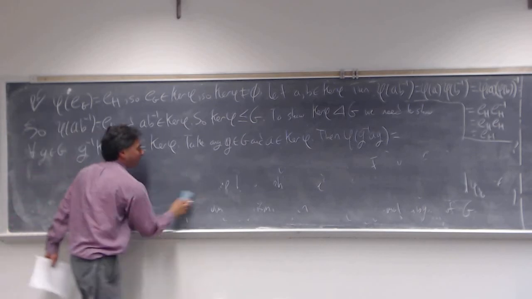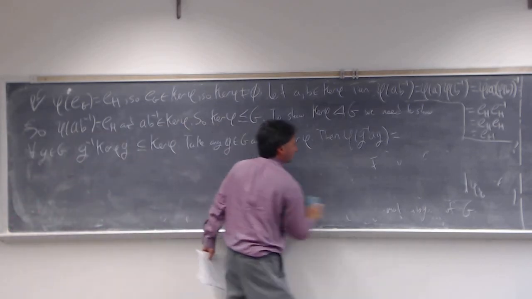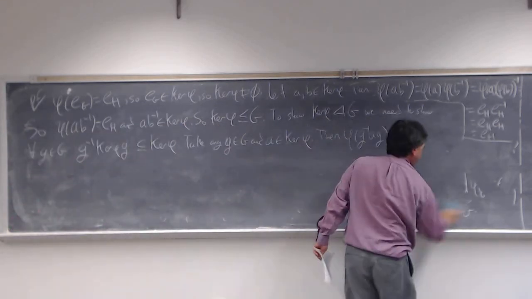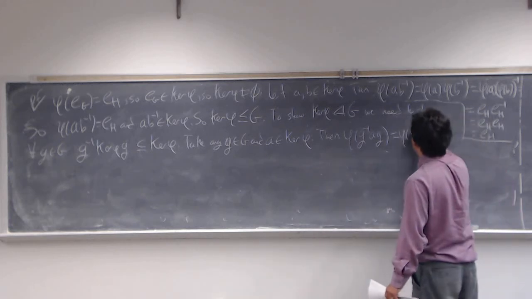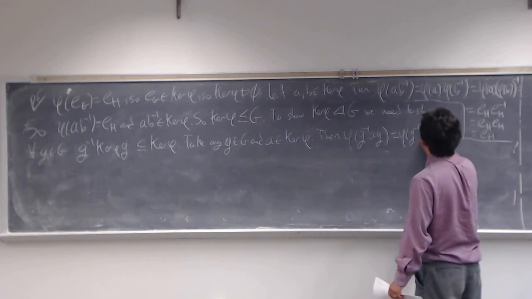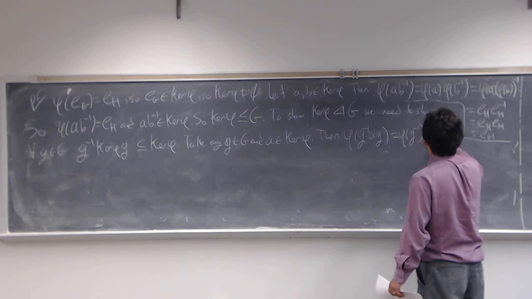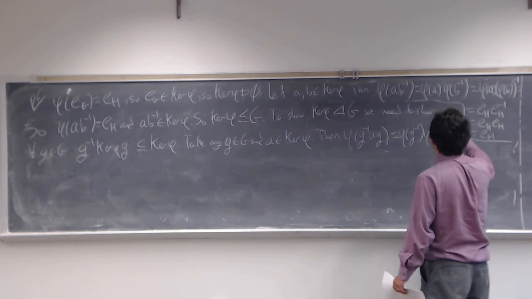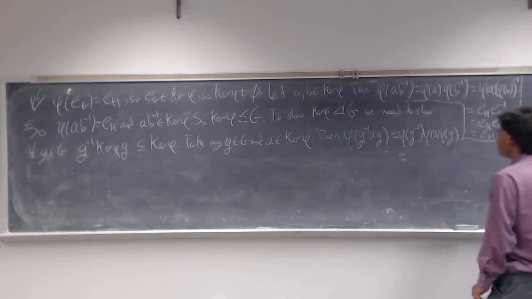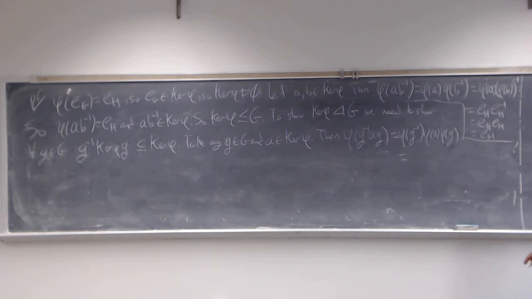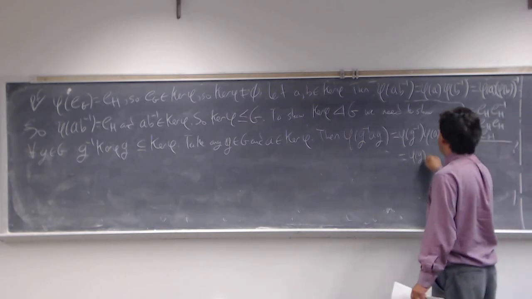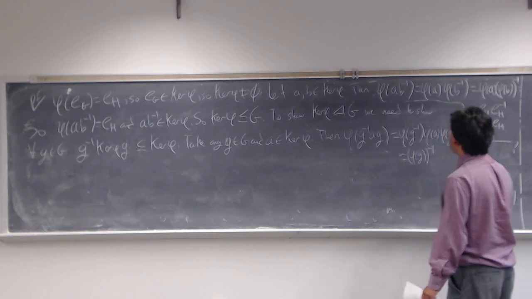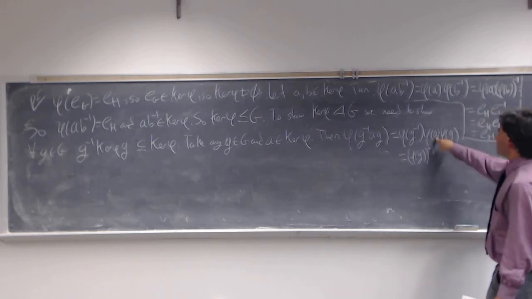Since it's a homomorphism, it preserves the product. So we have phi of G inverse, phi of A, phi of G. But what is phi of G inverse? That's phi of G, the inverse of that, and A is in the kernel.